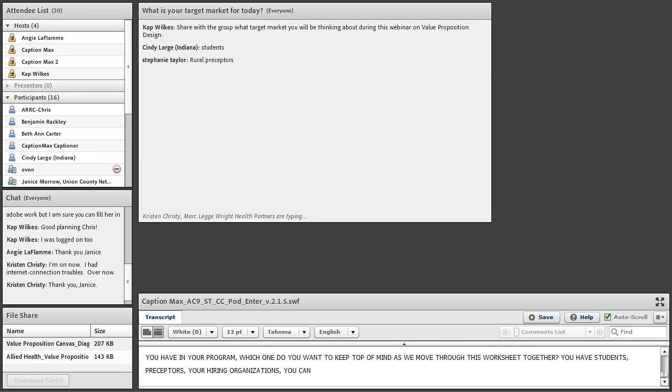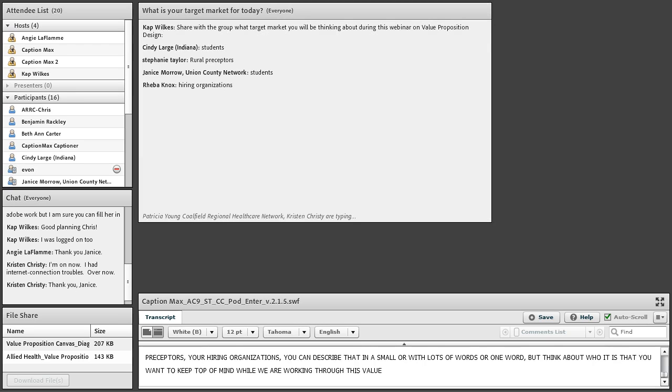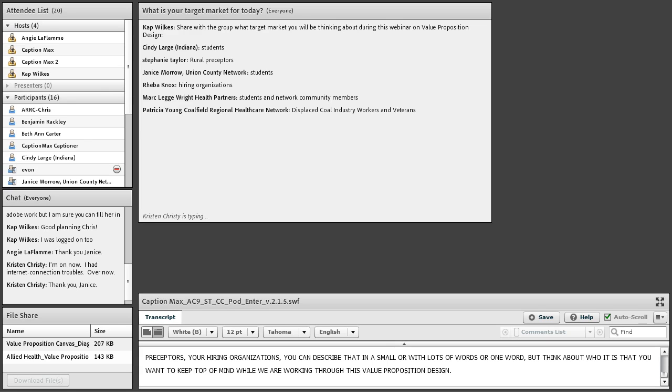You've got students and preceptors and your hiring organizations. You can describe that in a small way or with lots of words or with one word, but just think about who it is that you want to keep top of mind while we're working through this value proposition design.